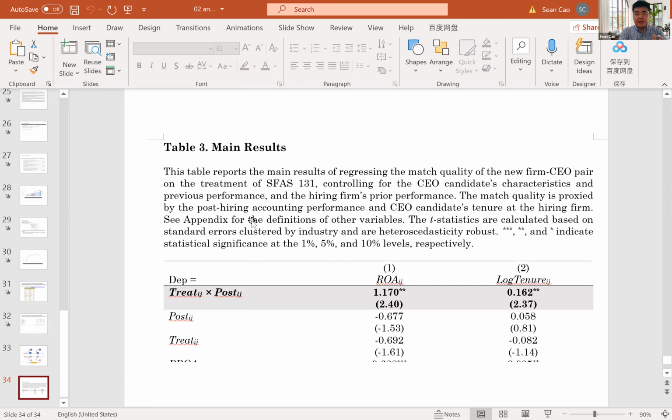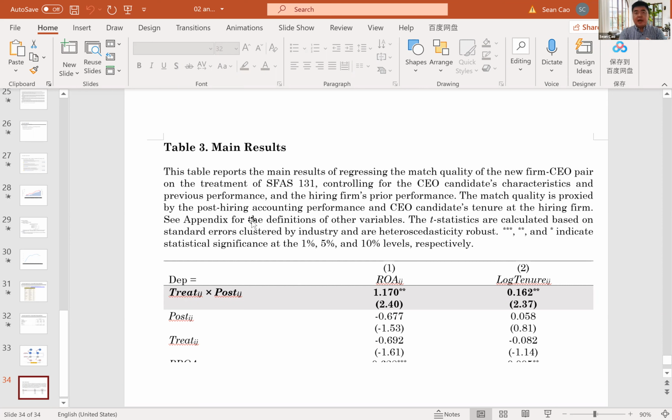However, before 1996, when there's no such information available, when hiring firms hire a CEO, the CEO will have a shorter tenure in the firm and generate less profit. So the disaggregated segment performance of the firm helps the hiring firm locate a more suitable CEO.